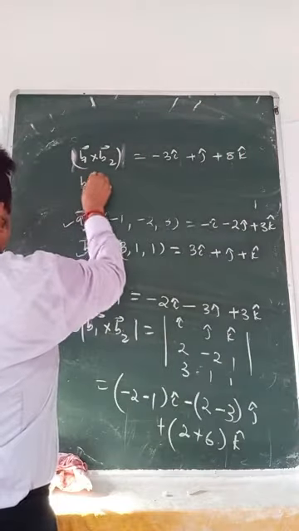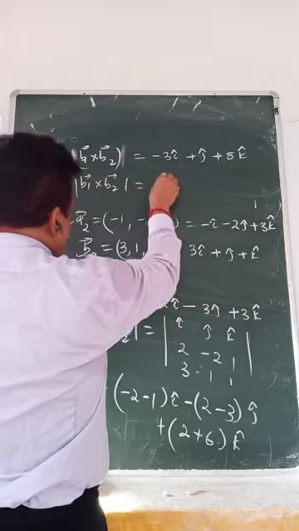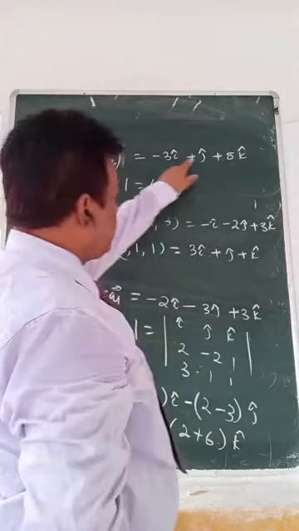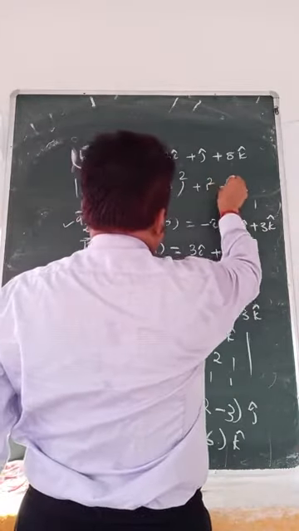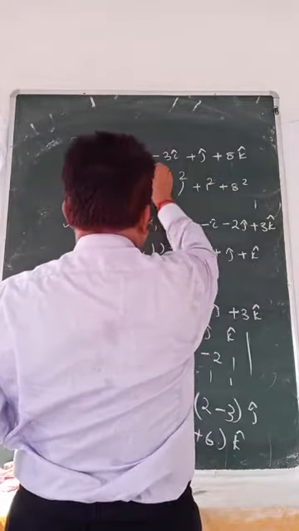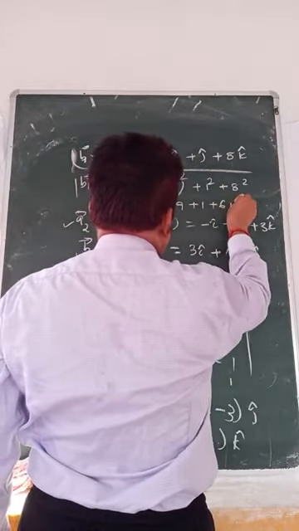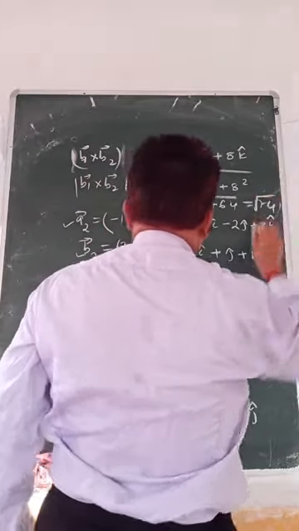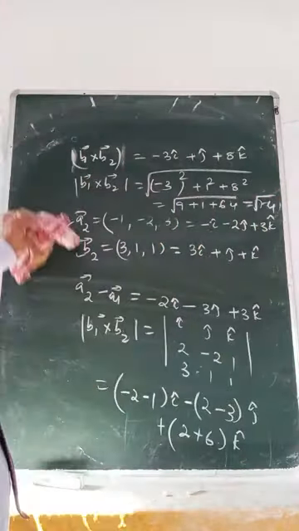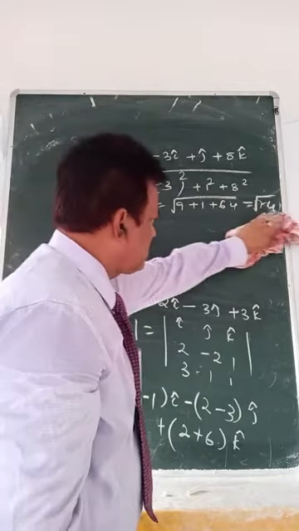Okay, what is the modulus of B1 cross B2? Square of the components: (-3) squared plus 1 squared plus 8 squared, 9 + 1 + 64, that is 74. Okay, what is left out? A2 minus A1 dot B1 cross B2.